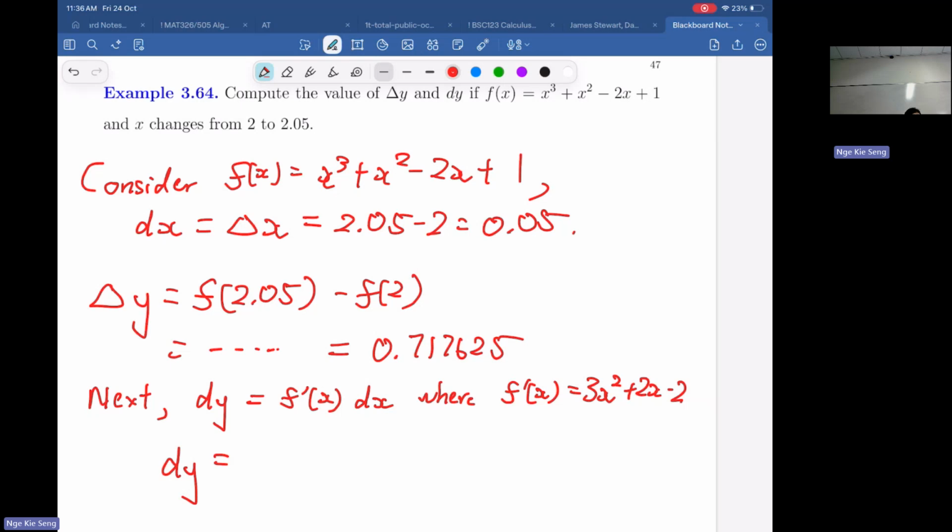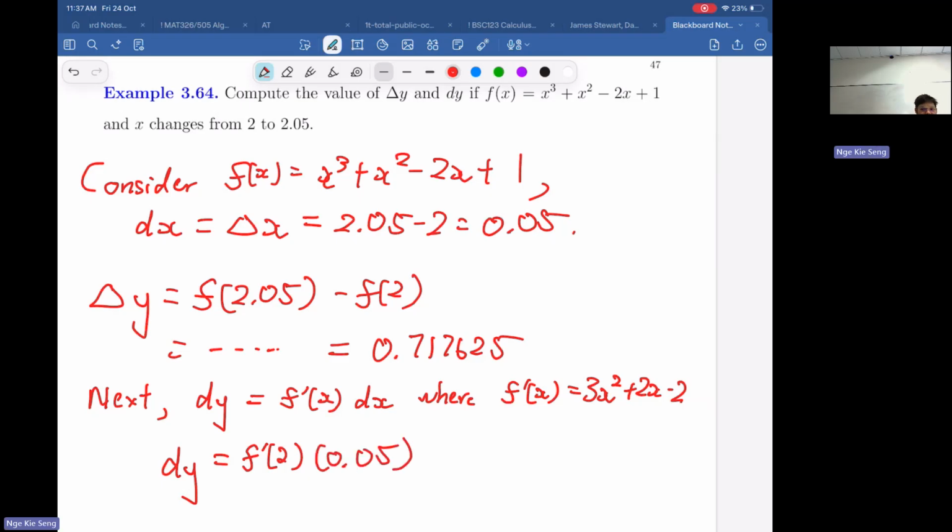Are you drawing your tangent line at 2 or 2.05? It's actually at 2, because the change is going from 2 to 2.05. If the change is from 2.05 to 2, then you need to do your tangent line at 2.05.